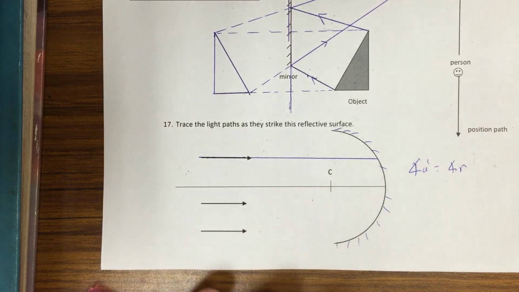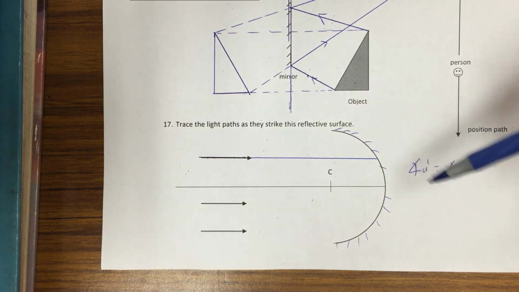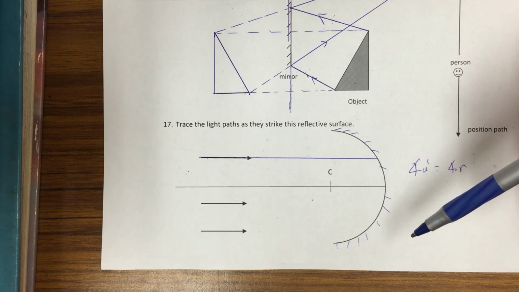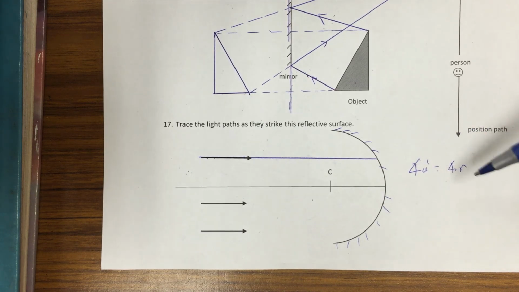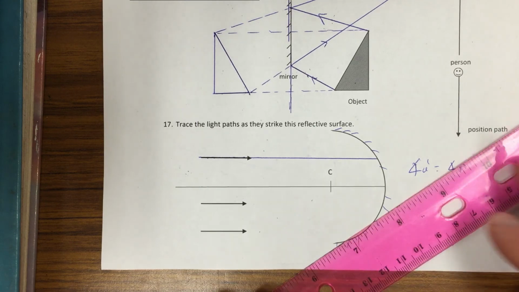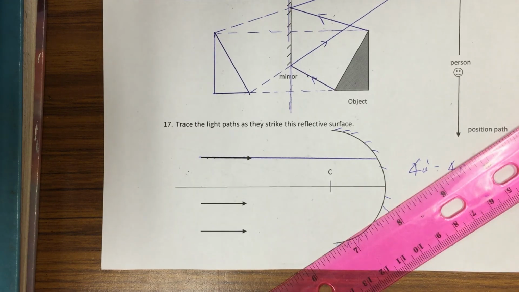So what I need to realize is I should be able to reflect this light ray off this curved surface. And it has to follow the law of reflection, angle I is equal to angle R. In order for that to happen, what do I need? We need a normal. One of the things I taught you the other day was that a normal to any curved surface is a line between the center and the curved surface. Why?